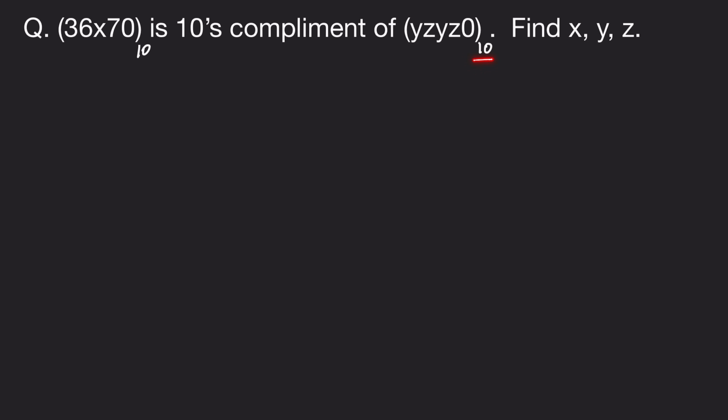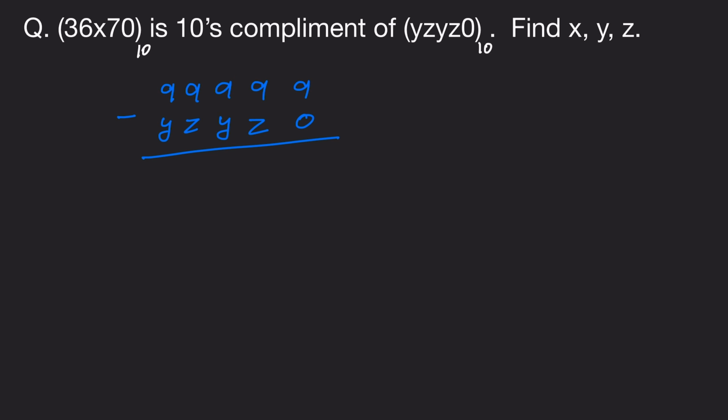For finding the tens complement, first we have to calculate the r minus 1, that means nines complement of this number. For finding the nines complement, subtract every digit from 9.